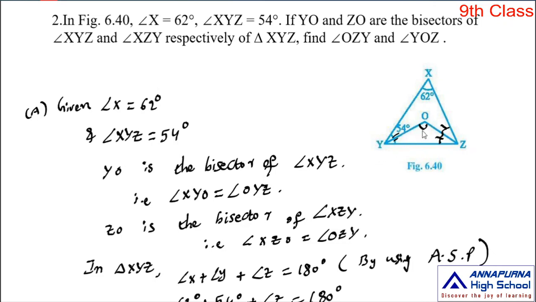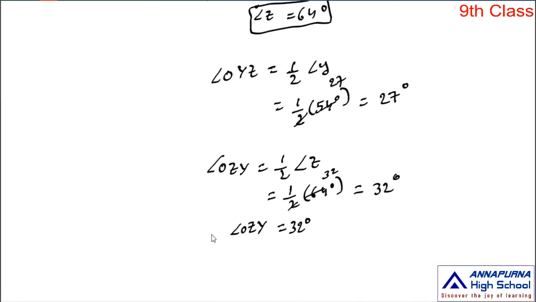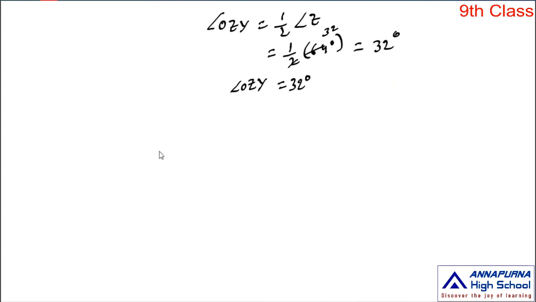So angle O plus angle OYZ plus angle OZY is equal to 180 degrees. Again by using angle sum property, in triangle YOZ, the sum of all interior angles of a triangle is 180 degrees.